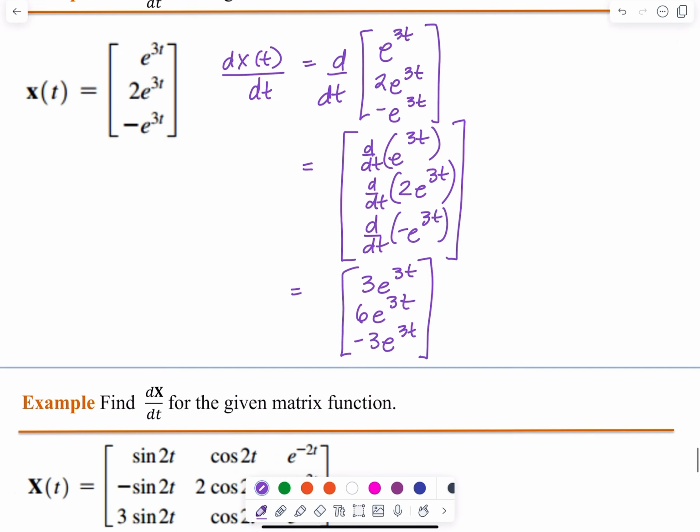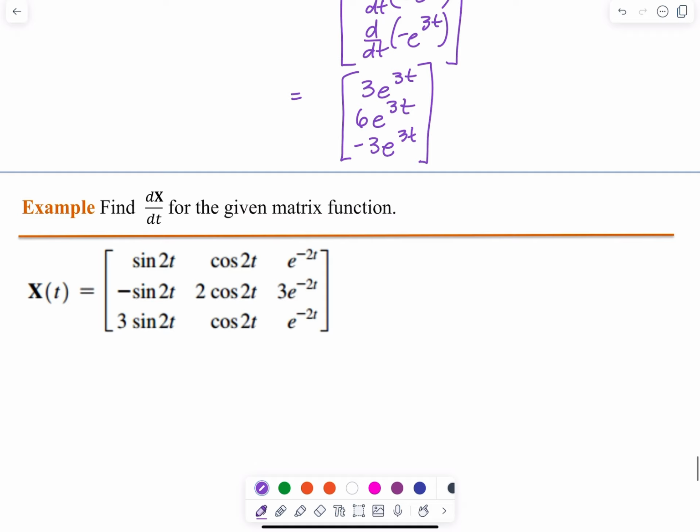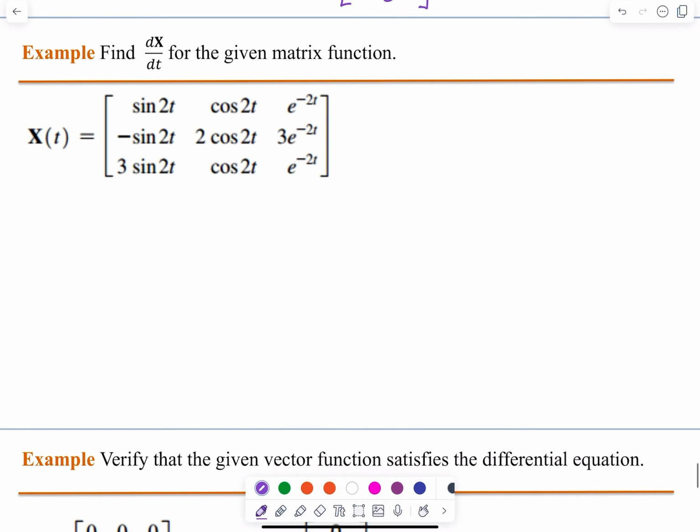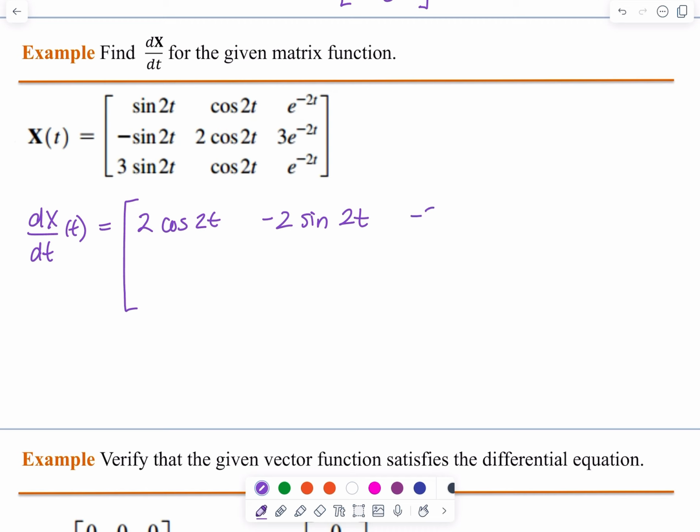Okay, let's find dx/dt for this given matrix function. Again, this is the derivative, so this is dx/dt of t, and we're going to just jump right in. This is 2 cosine 2t, negative 2 sine of 2t, negative 2e to the negative 2t.